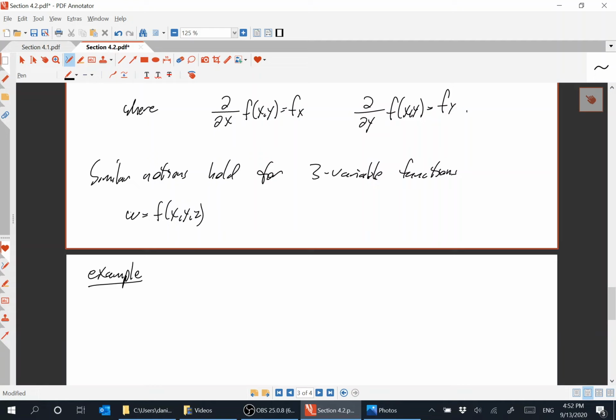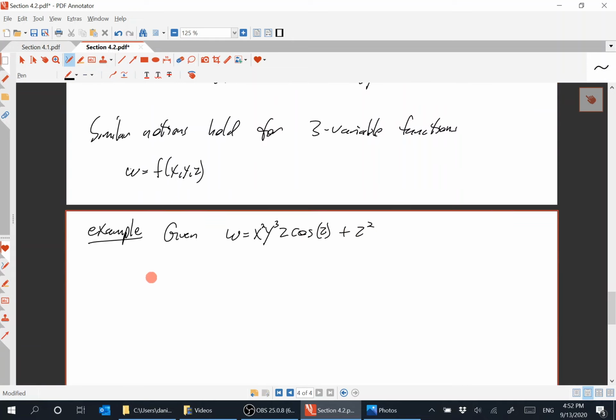So, for example, given w equal to x squared y to the third z cosine z, plus z squared, say. The partial derivative with respect to x. So I tend to use the differential notation a lot. The differential notation is clearer because you've got so many variables floating around.